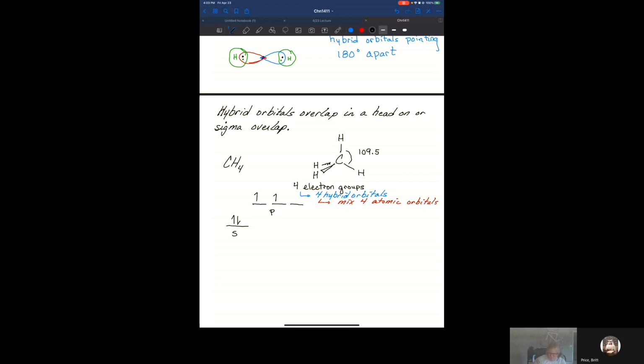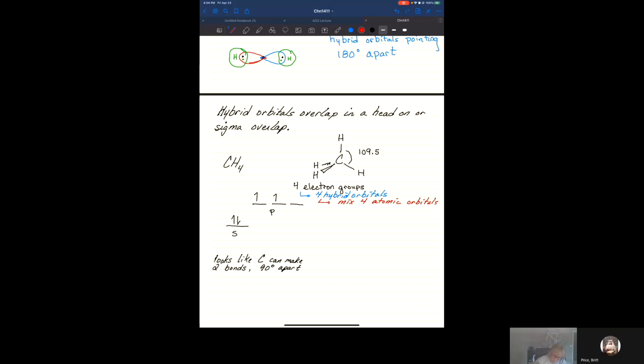If I look at just what's going on with the orbital diagram for carbon all by its lonesome, it looks like carbon can make 2 bonds, 90 degrees apart. Once again, not what we observe.